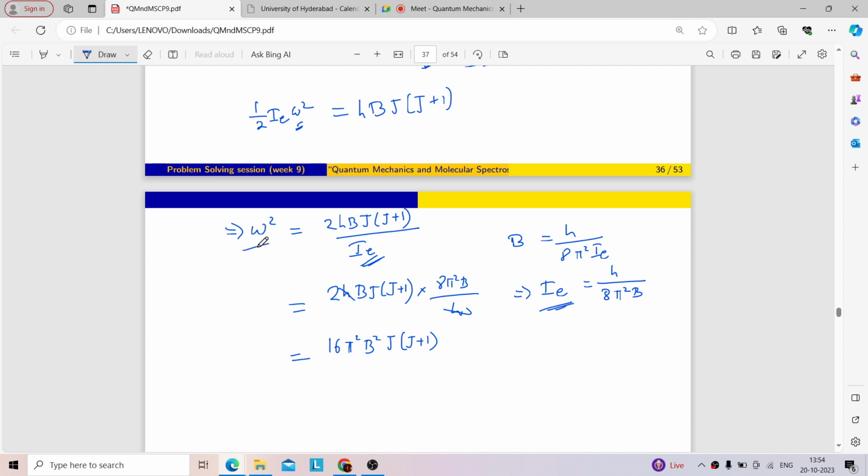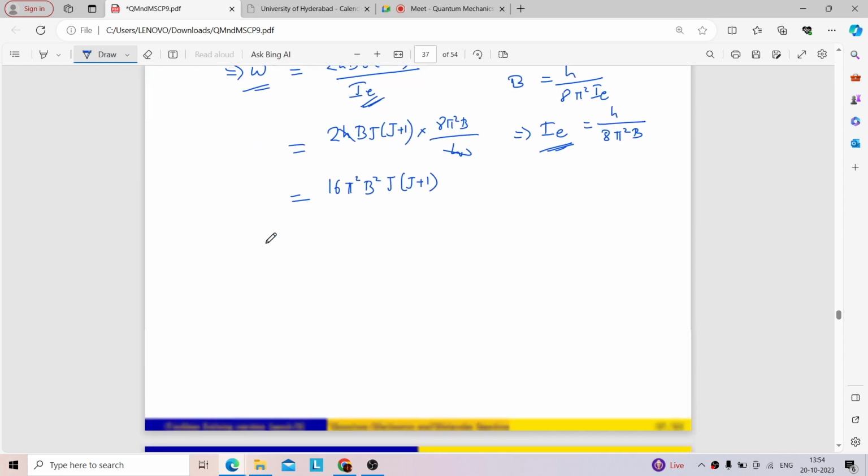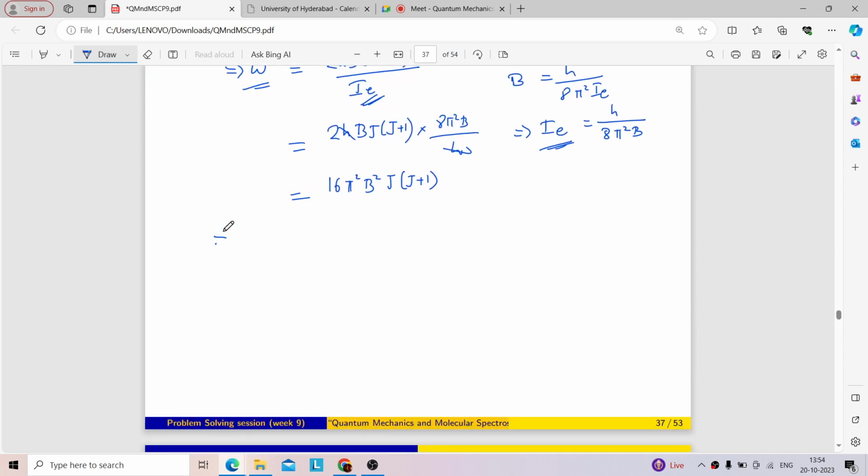This is the value of omega square. Then omega will be 4 pi B times root over J into J plus 1. Okay, so this is the angular frequency.